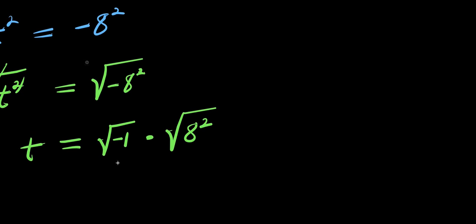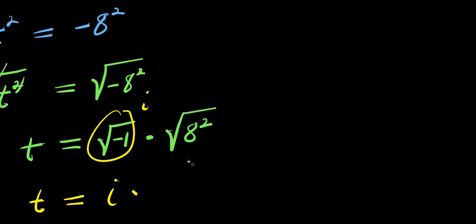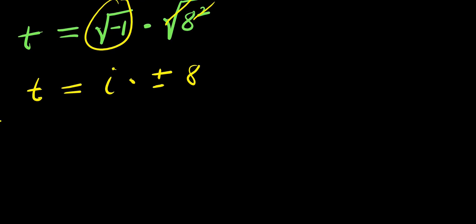And right now, square root of negative 1 is the imaginary number i. We have t equals i times this. We'll cancel this, so we have plus or minus a. So right now, we are going to have t equals plus or minus i a.